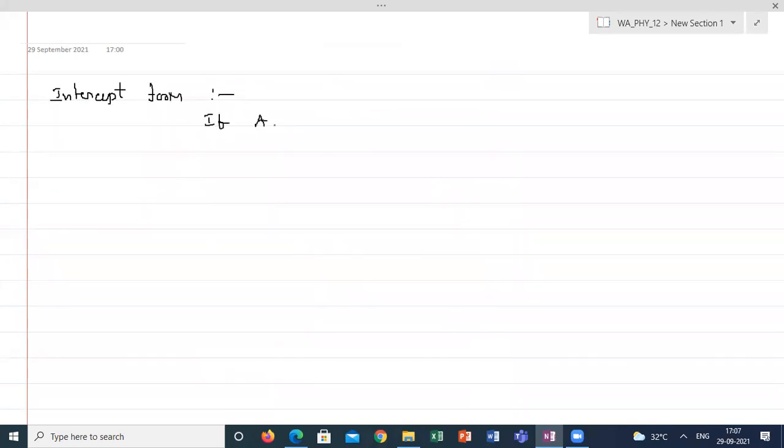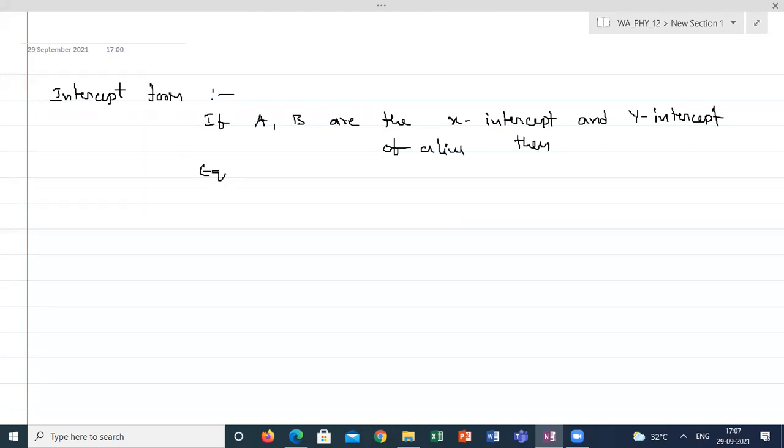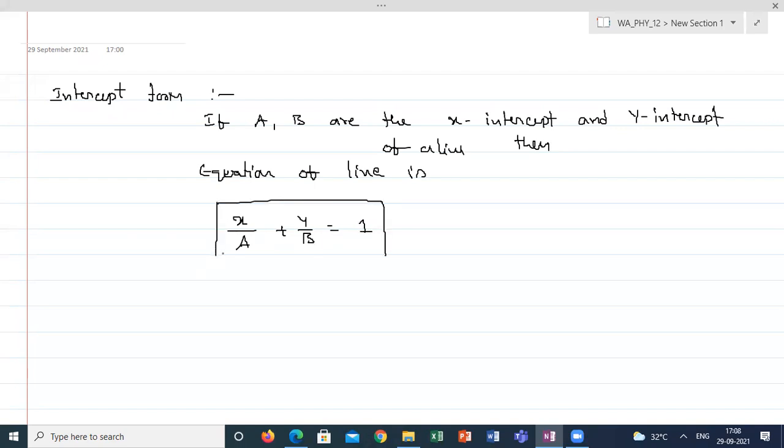If a comma b are the x-intercept and y-intercept of a line, then the equation of the line is x by a plus y by b is equal to 1. This is the intercept form.